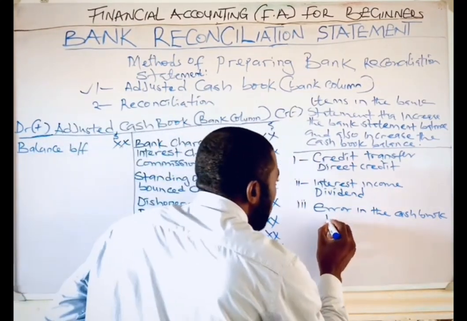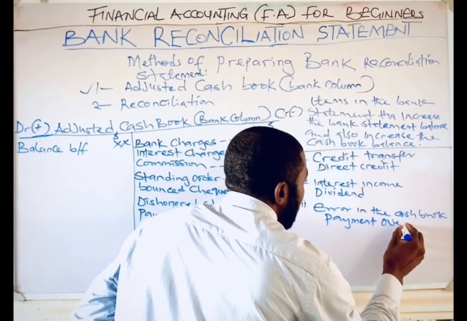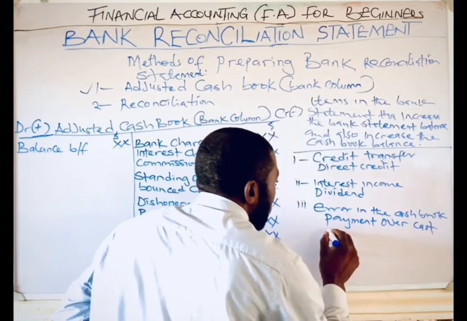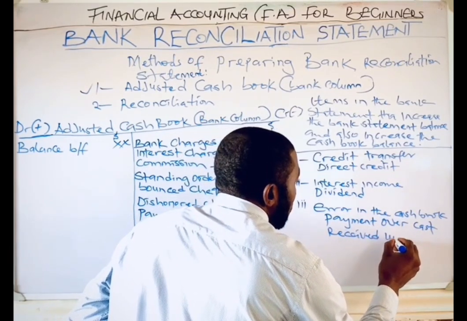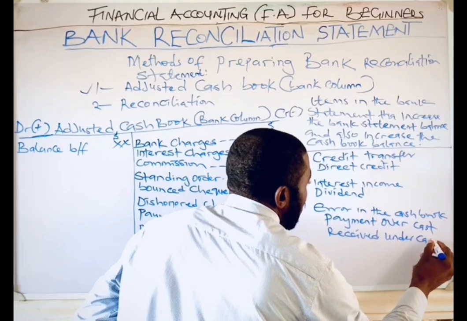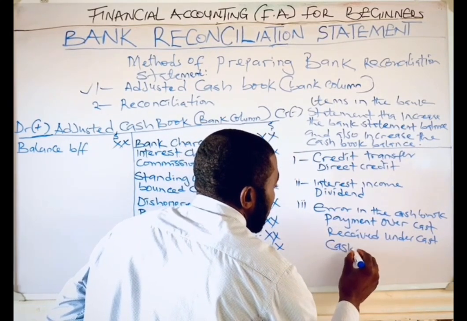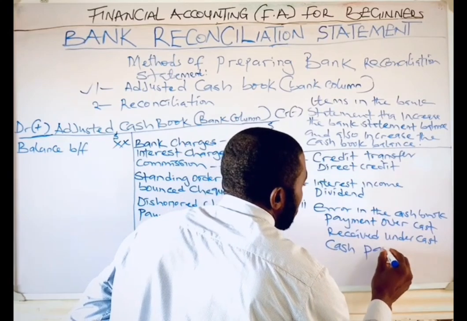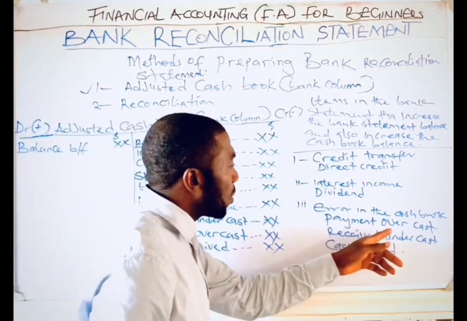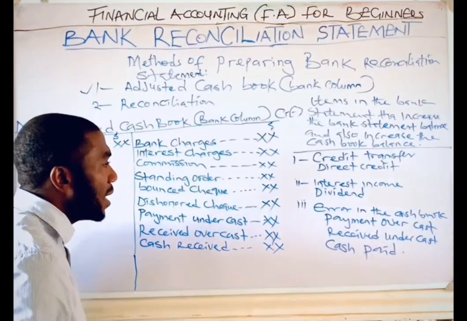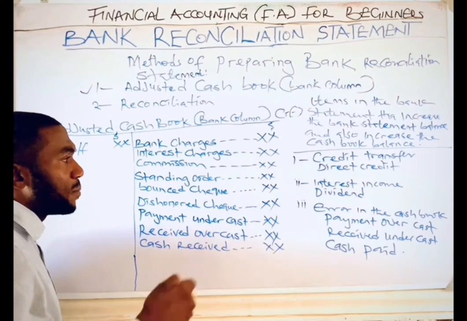You say payment overcast, received undercast, and cash paid. So this is very simple. Payment overcast: you pay a higher amount than you're supposed to have paid.